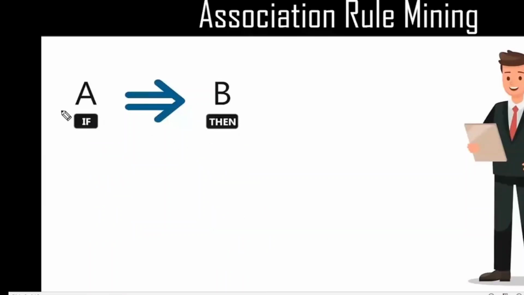I want the combination, not the individual probability of A or of B. The individual probability of A means, out of the total number of transactions, in how many transactions this particular product A is available. Similarly for B. I don't want that. I want the probability of both A and B, right?